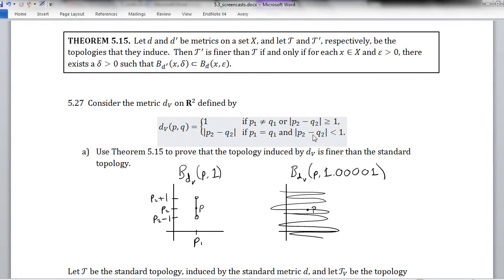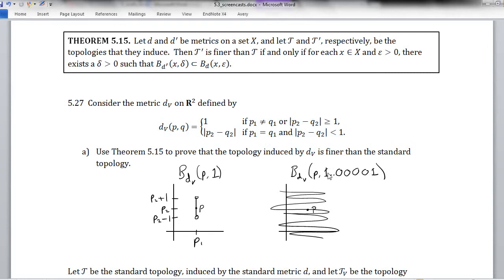So we want all the points with the same first coordinate as P, P1, and such that the second coordinates differ by less than 1. So basically we can travel up or down by any amount less than 1. We get a little vertical interval.